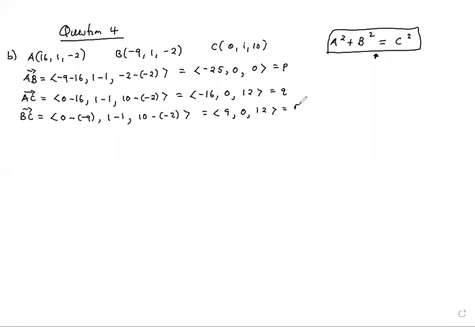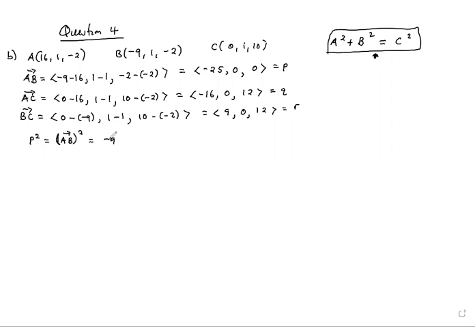We want to check now if there will be a relationship of this kind. So let's get P squared. P squared is the same as AB squared, which is equal to, you square the inner components.